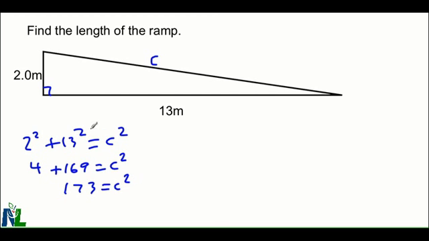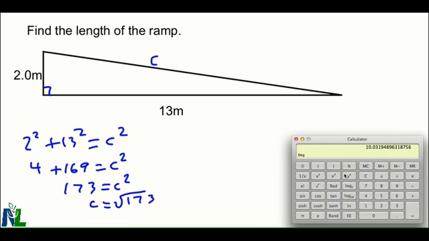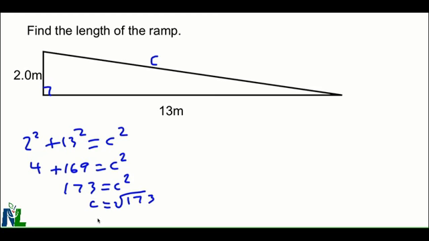And again, 173 would represent the area of the square on the hypotenuse. So I would want to get the square root of 173, and the square root of 173 would be approximately 13.2. So we'll say 13.2 meters.